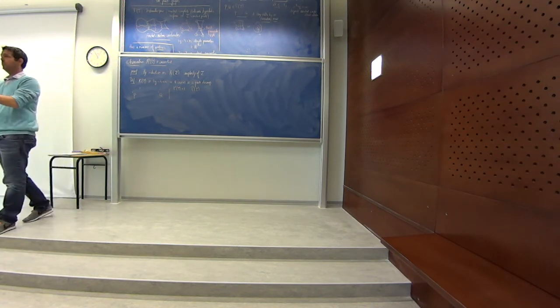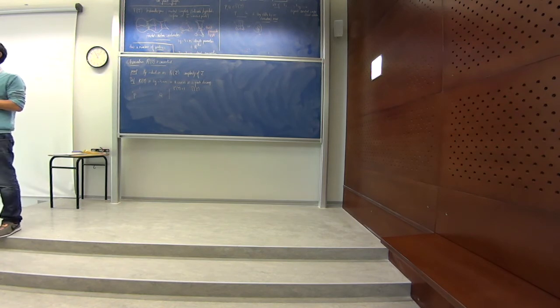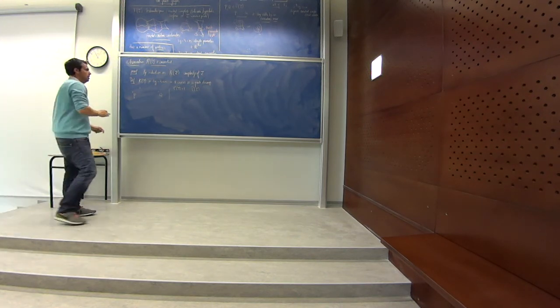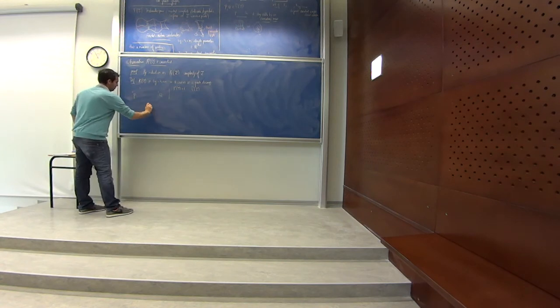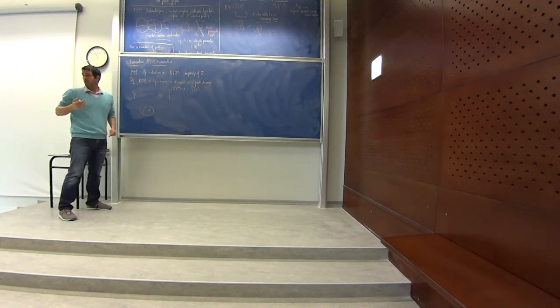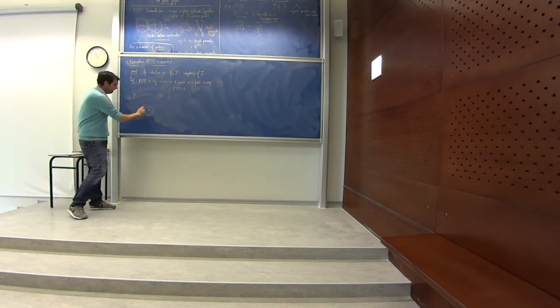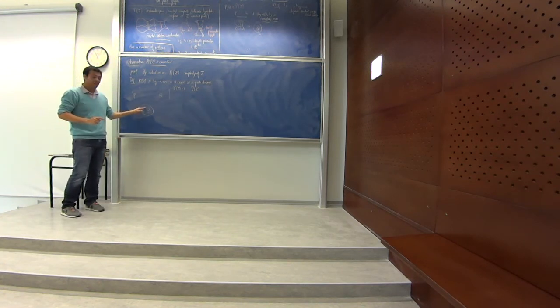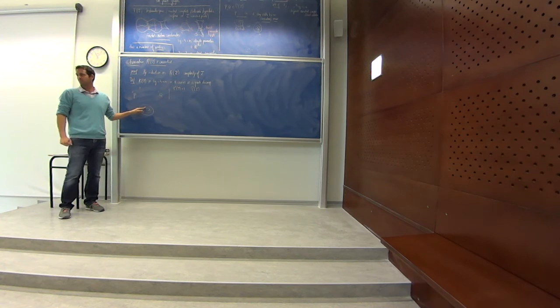So a three-punctured sphere doesn't have any essential simple closed curves. If I try to find a simple closed curve that's disjoint from the three punctures, then I have to do something like this, which is automatically parallel to a puncture, which by my definition is non-essential.